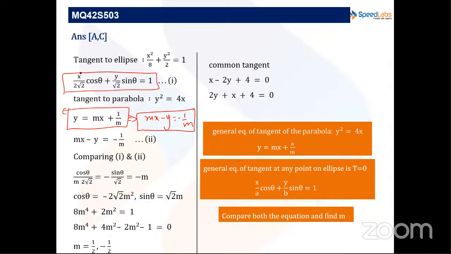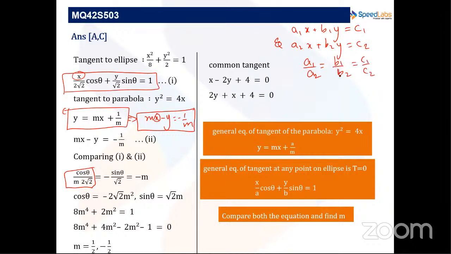Now compare the coefficients of x on both sides. If a1x plus b1y equals c1 and a2x plus b2y equals c2 represent the same equation, then you can compare the coefficients: a1 by a2 equals b1 by b2 equals c1 by c2.